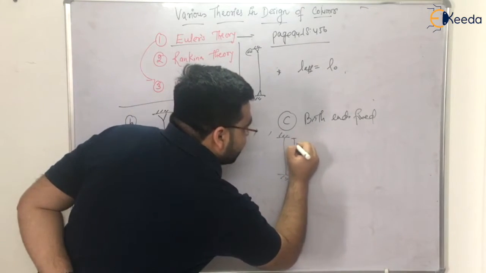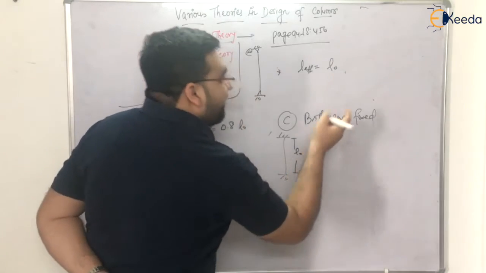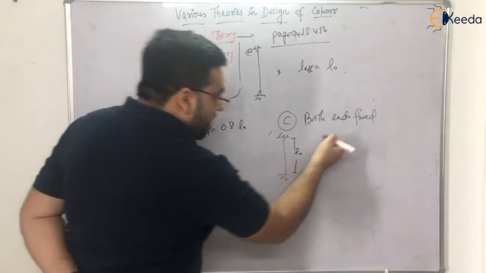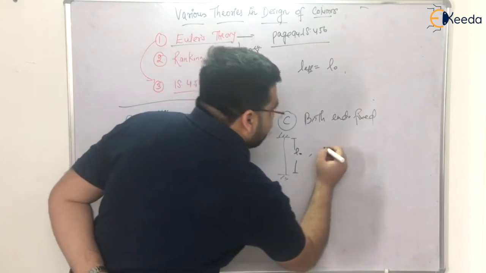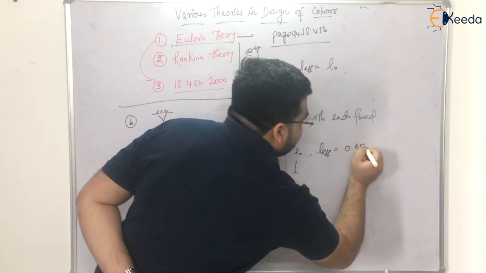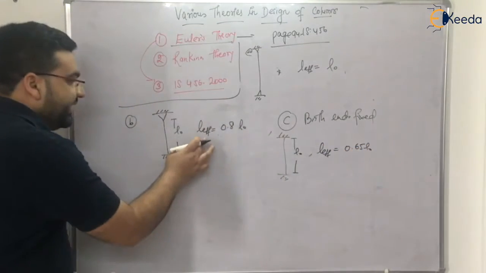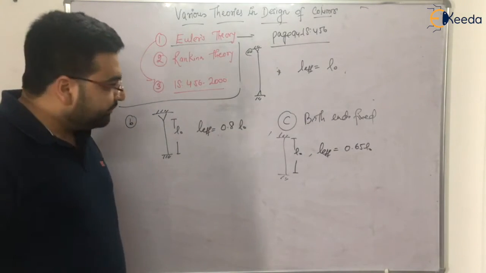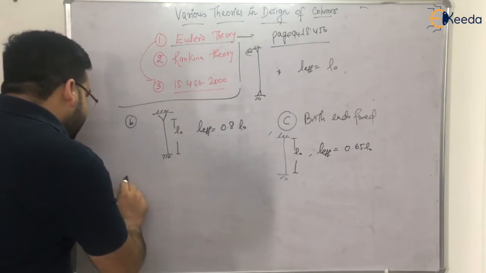So this is your L naught. In case of Euler's theory, you are getting 0.5. But in case of IS 456 recommendations, the recommended value L effective is actually equal to 0.65 L naught. Only these two values change, otherwise almost the same. Clear?